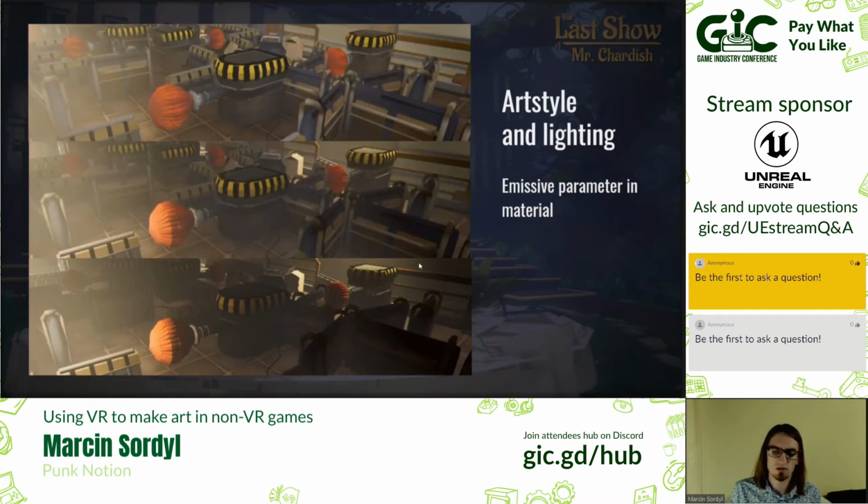But we change it between levels, because, for example, in Mr. Chardish we have different kinds of gameplay in different levels. In one level, we have gameplay mechanics using lights.